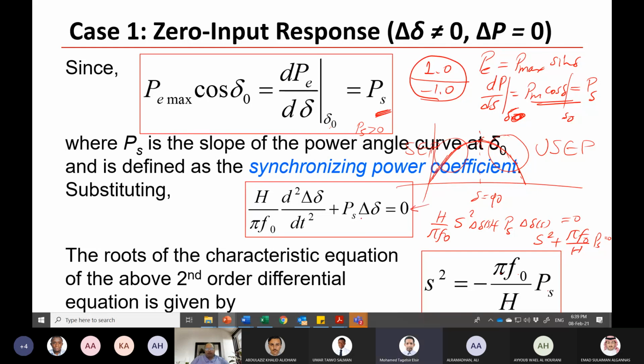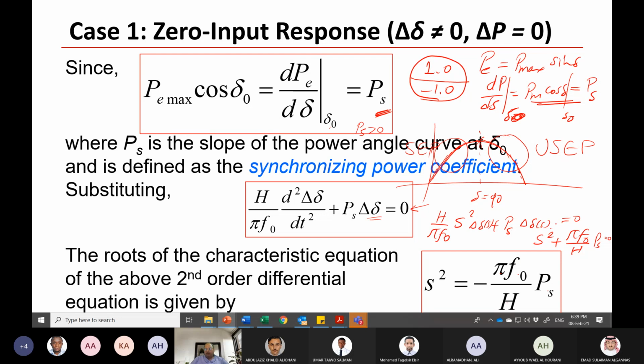Yes, it's clear here. Can you take the Laplace transform of this differential equation to get the characteristic equation? Take the Laplace transform. So this becomes S square delta delta, so you have H over pi F0 S square delta delta of S, plus the Laplace transform of delta, which would be delta delta of S. This is the equation now in terms of the Laplace transform in the S domain.